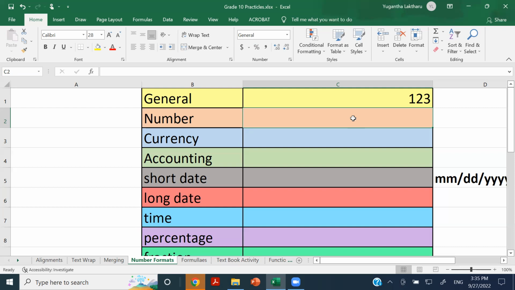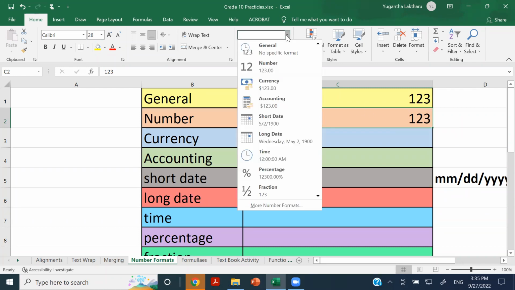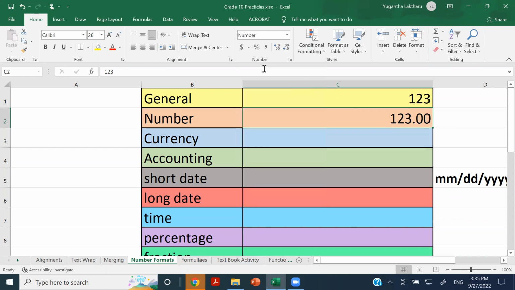So just take it like this. You type 123, so it is still in the General number format, this beige color cell. And I'm going to change this General number format into Number format. See, it automatically provides you 2 decimal points.